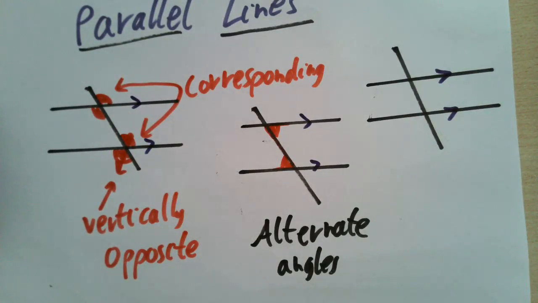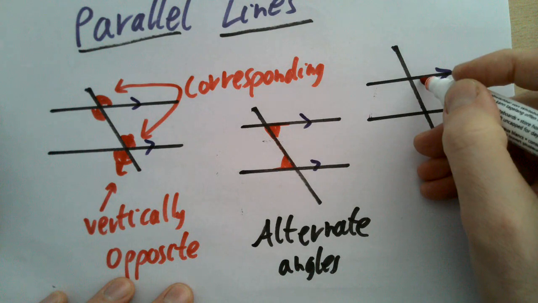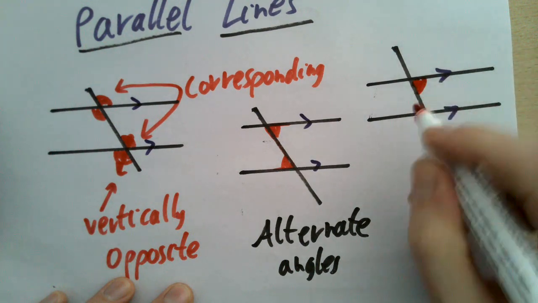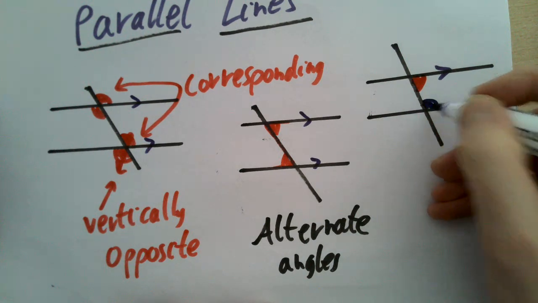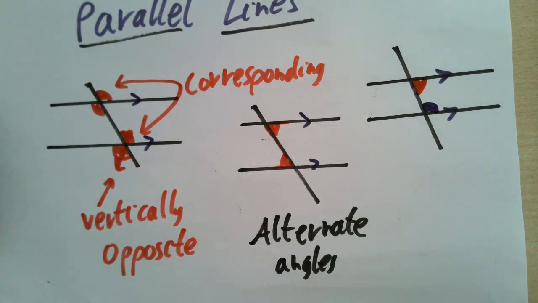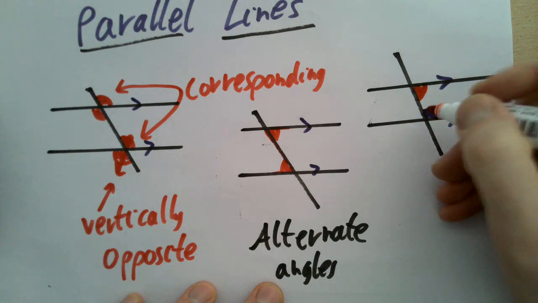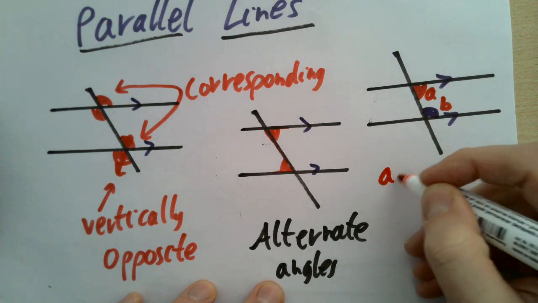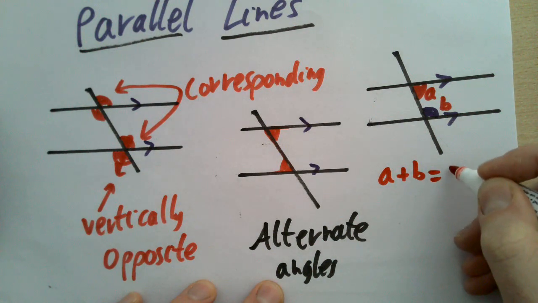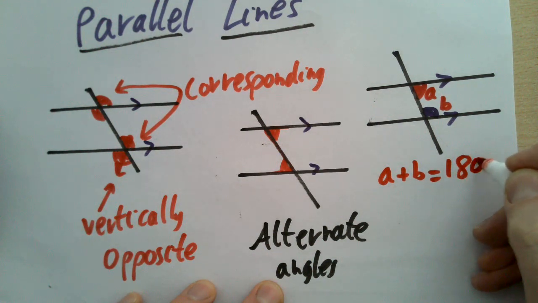Okay, so this one. These two angles now, they're not the same, so I'll do a different colour. So these two angles here, they're not the same, but they add up to a certain number. So let's call this one A and this one B, and A plus B equals 180 degrees.